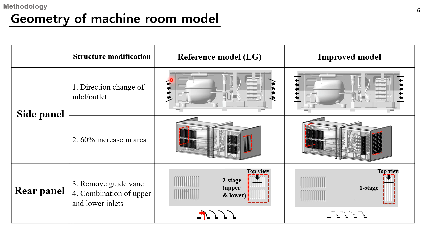Next, I would like to explain the LG mass-produced reference model and compare it to the improved model proposed through our research. First, we changed the direction of the side inlet and outlet to a horizontal position and increased their area by 60%. Next, there was a guide when we looked down from the top of the rear panel and we removed it in the improved model.